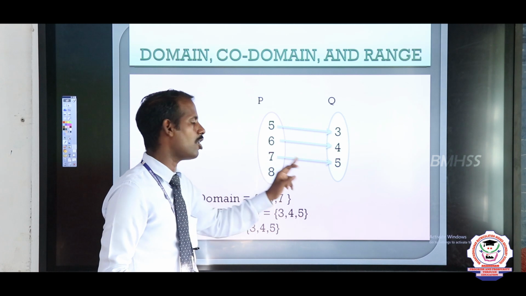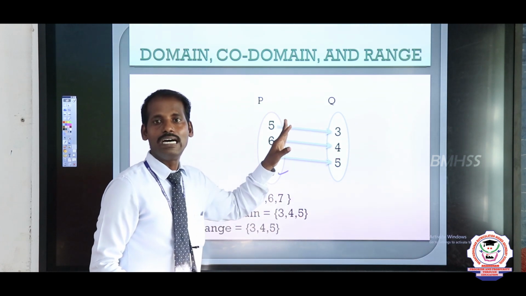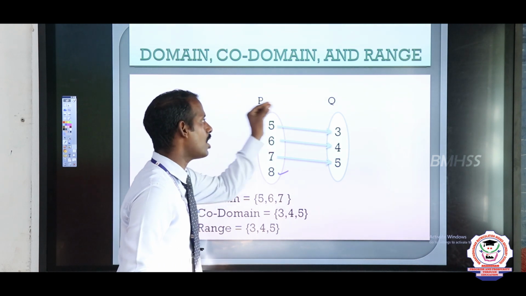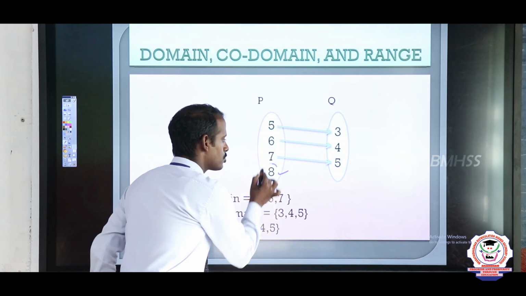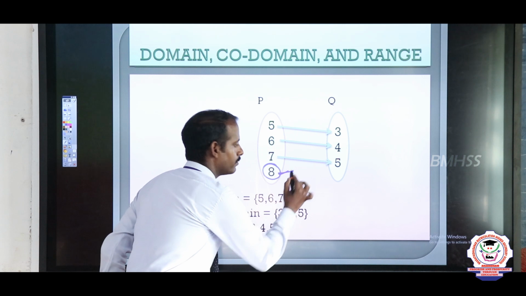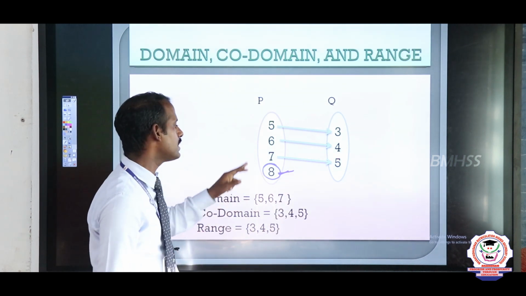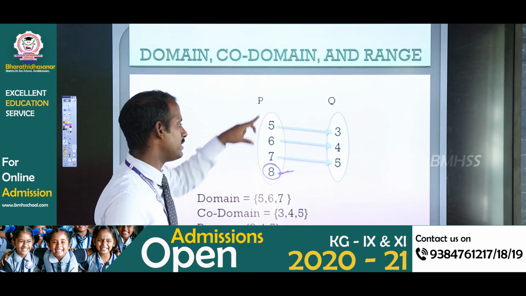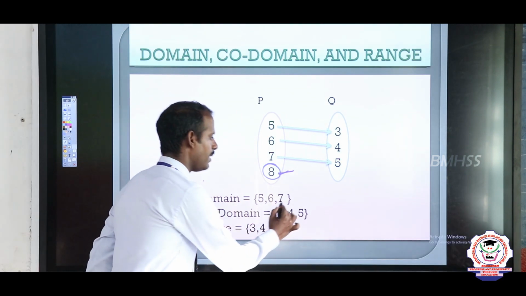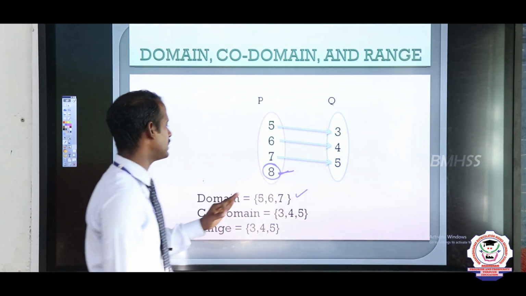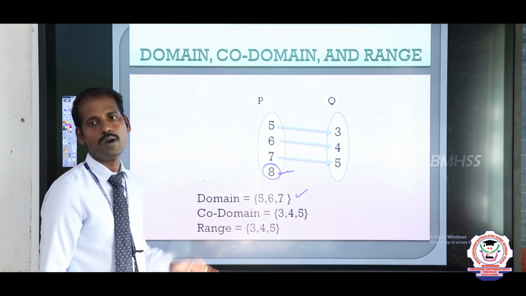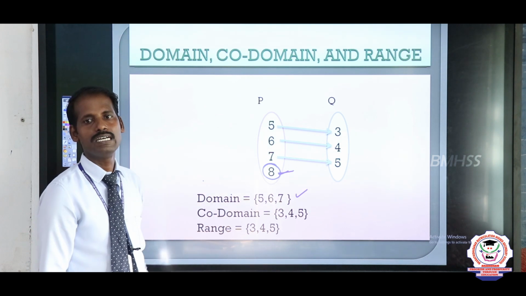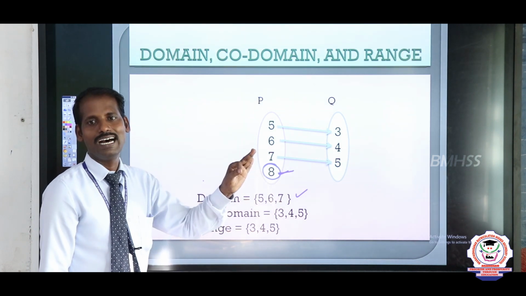So 8 is not related to any element of the Q set, so 8 is not in the domain. The reason is that 8 is not related to any element. So only 5, 6, 7 is the domain. Now codomain. What is codomain? The set of all the elements of Q is called the codomain.